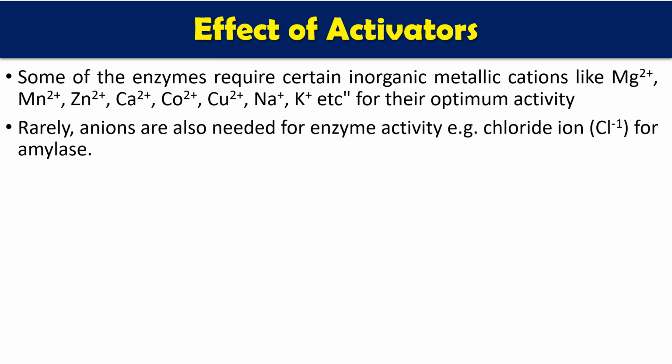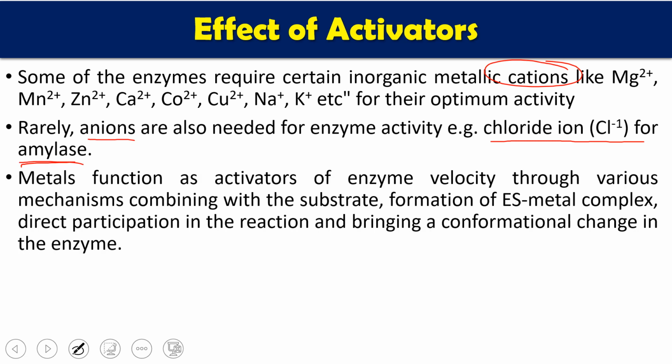Sometimes we require anions also, but exceptionally, in certain cases only. Like chloride ion is required for amylase activity. Otherwise, for most cases we require only cations. Remember this: only in a few cases are anions required for enzyme activity as the activator. One example is amylase, which requires chloride ion.